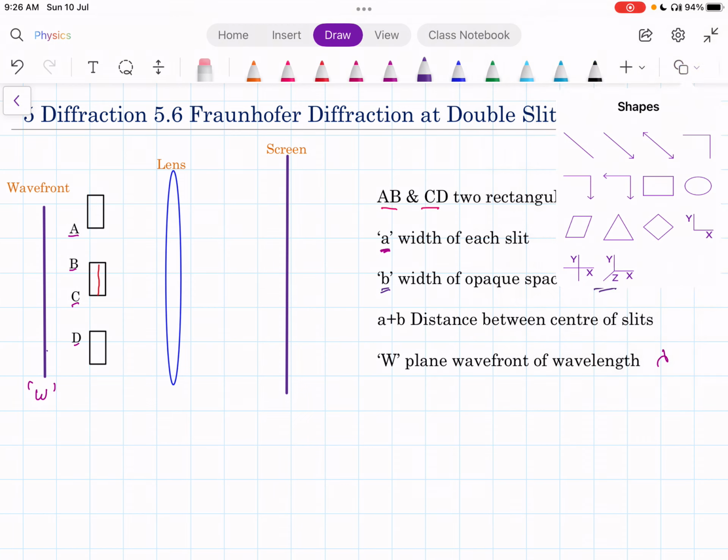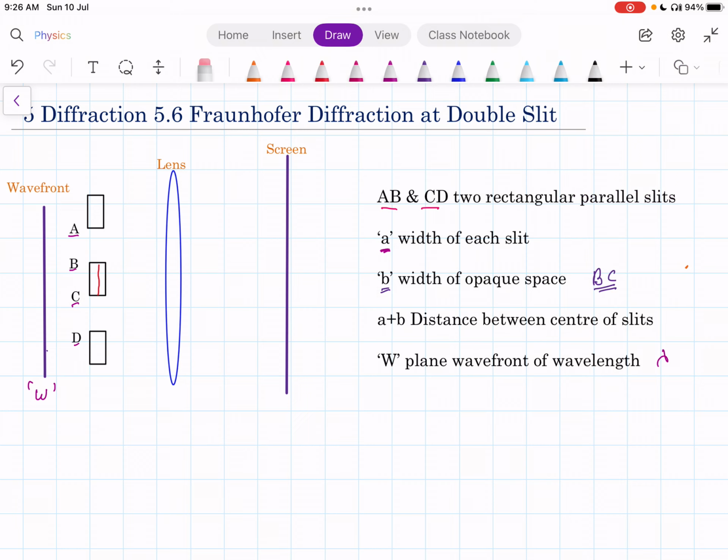If that is the case, then the distance between the center of slit AB and the center of slit CD is equal to a plus b.